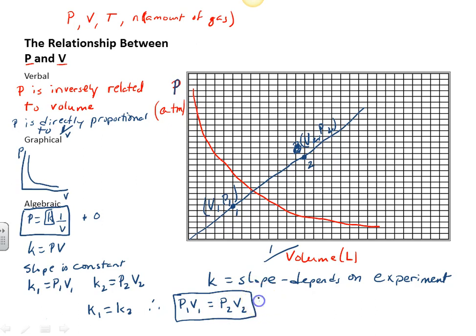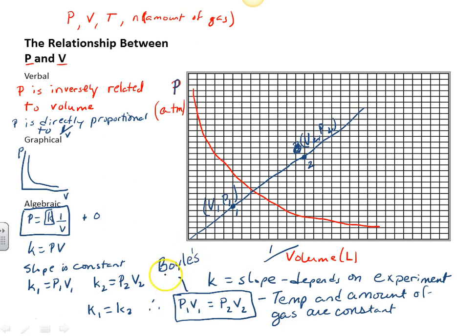This assumes that temperature and amount of gas are constant. This also has a name. This is known as Boyle's law.